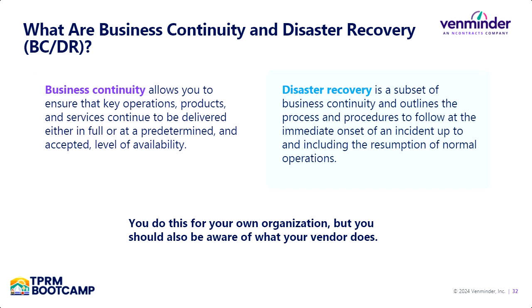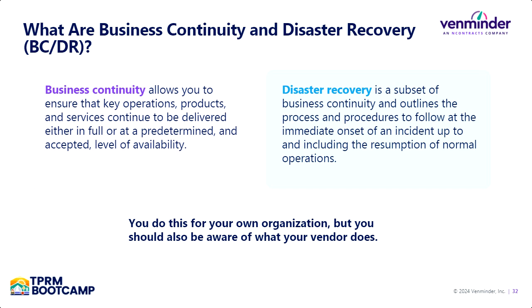So I get asked all the time, what's the difference between business continuity and disaster recovery? They obviously go hand in hand, and business continuity is really a proactive approach to ensuring that business functions can continue at a full or predetermined and accepted level of availability after an issue or an incident.